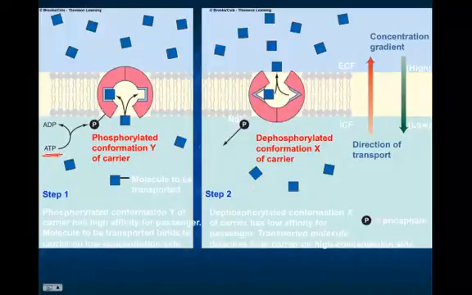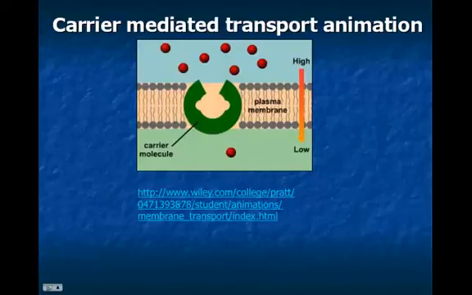We have our carrier-mediated transporter here, but in this case it needed ATP to pump this molecule across its concentration gradient. If you want to watch an animation, this is a great one. You can go to this website and watch this animation showing you active transport. If you're a visual person, this might be a nice animation for you.